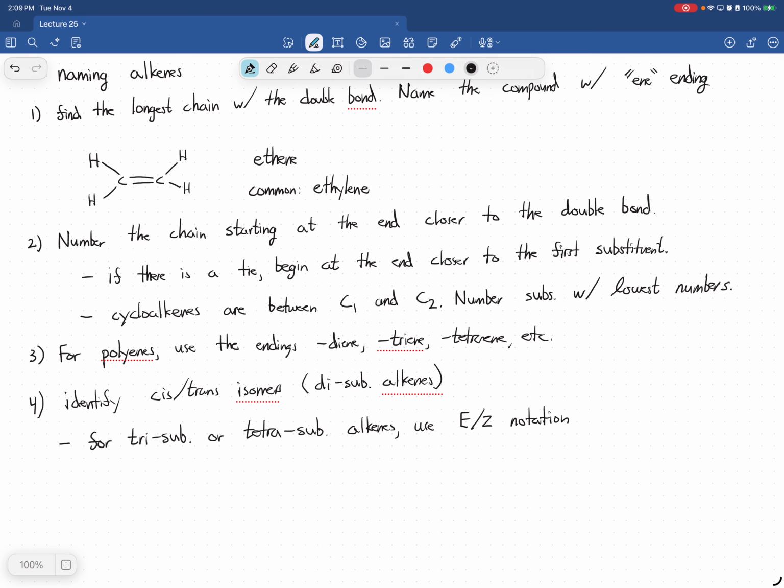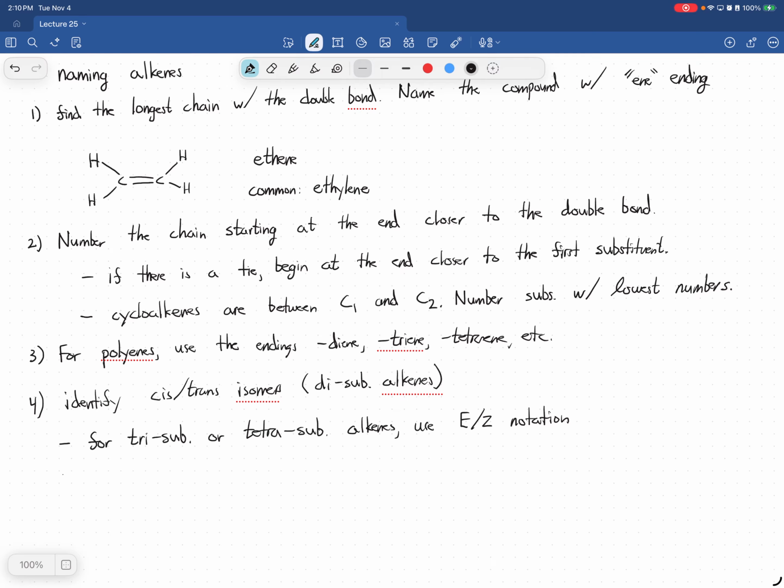All right. So E and Z notation is very similar to R and S. Remember R and S, we listed the priorities around the chiral center. Now we're going to list the priorities around the double bond, and then depending on the order, we can get an E alkene or a Z alkene.